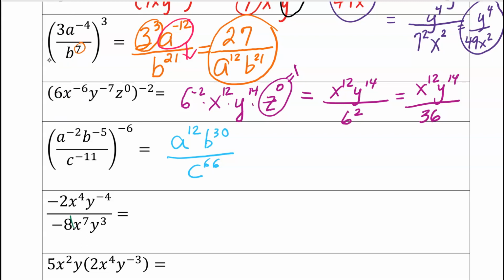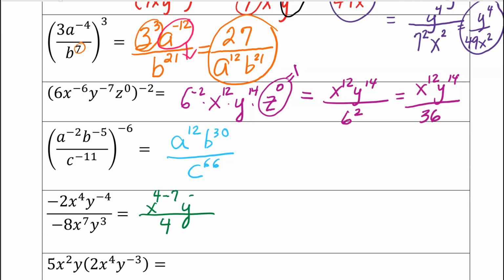Notice that we can reduce -2 over -8. What is negative divided by negative? So our answer will be positive. Let me point out that these are not exponents. These are signs in front of numbers. So we're going to have 4 in the denominator, because 2 goes into 8 4 times. We have x to the 4 minus 7.